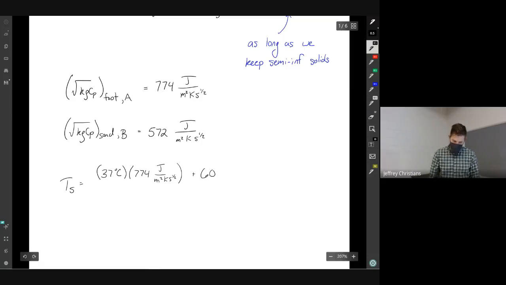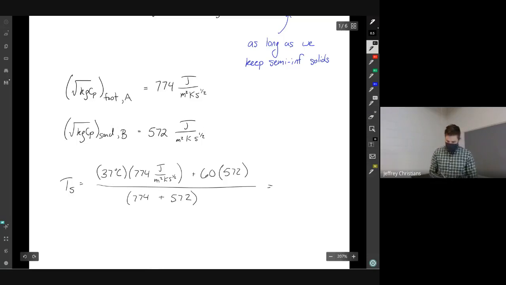Plus 60, which was the sand temperature, times its weight, 572, divided by 774 plus 572. So this tells us right away what the surface temperature of your skin is going to be when you step on the sand.